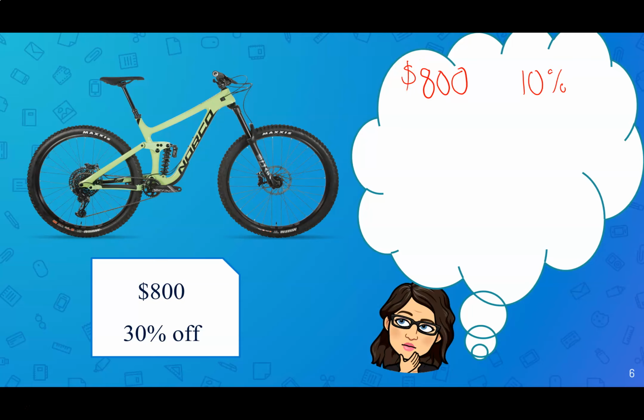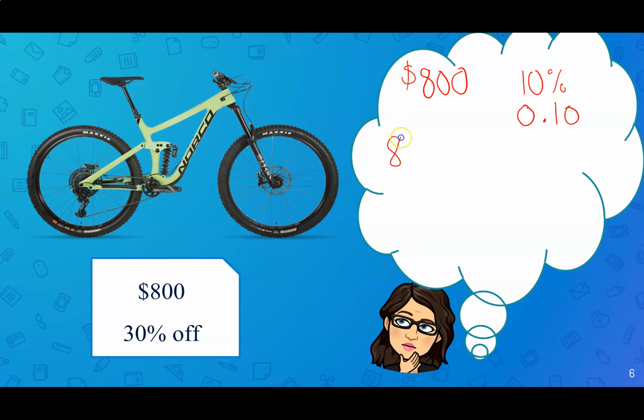So there's several ways to think about this. You can multiply that number by 10%, but again, the percent means that it's out of 100. So we know that 10% is the same as 0.10.